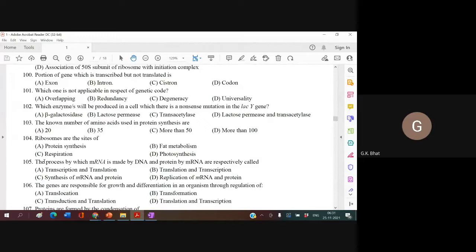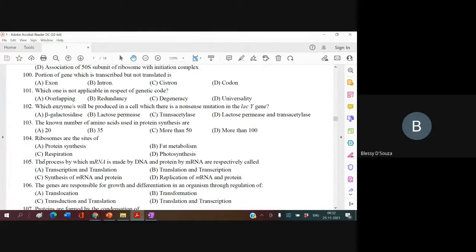What is not applicable is B, redundancy. Redundancy means no longer needed. There is no amino acid which is no longer needed. Out of 64, all are useful. B.